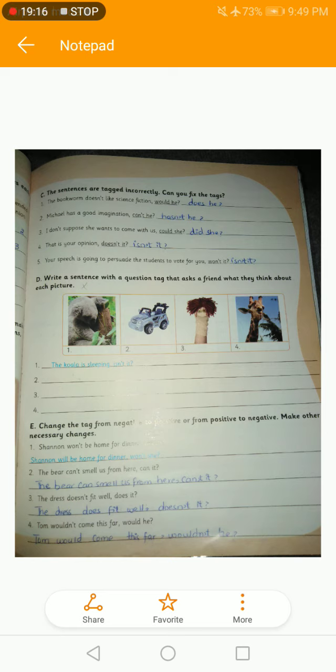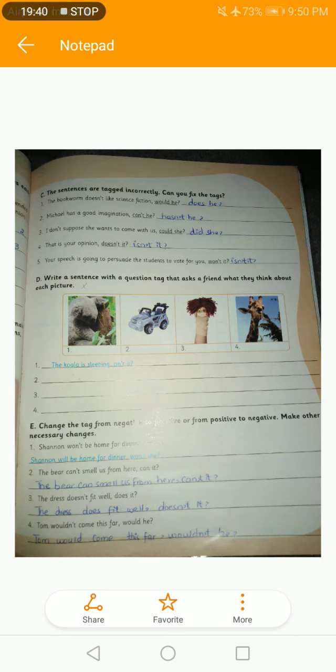Shannon will be home for dinner, won't she? The bear can't smell us from here, can it? The bear can smell us from here, can't it? The dress doesn't fit well, does it? The dress does fit well, doesn't it? Tom wouldn't come this far, would he? Tom would come this far, wouldn't he?